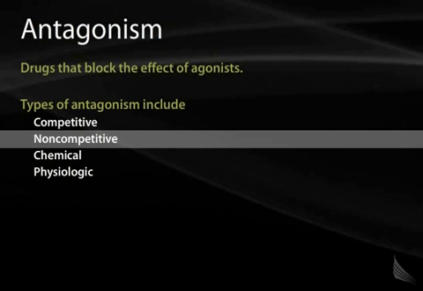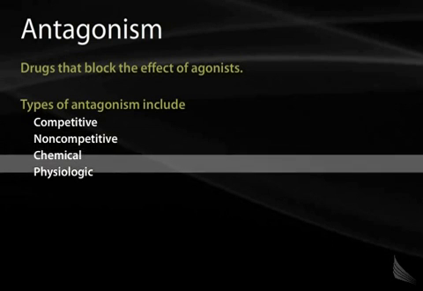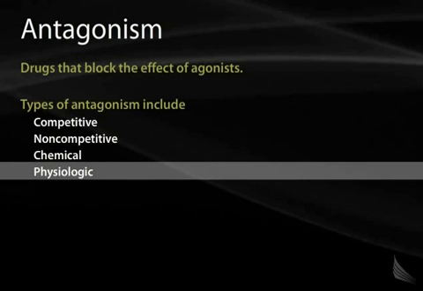A non-competitive antagonist will bind to a different part on the receptor, and therefore is not competing with the agonist for binding sites. There are other types of antagonism that don't involve binding sites, and that would be chemical antagonism and physiologic antagonism, and we'll talk more about that.